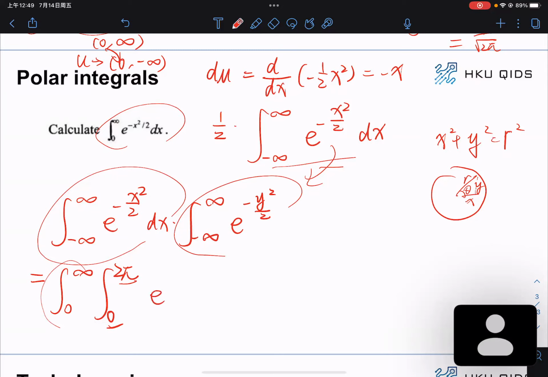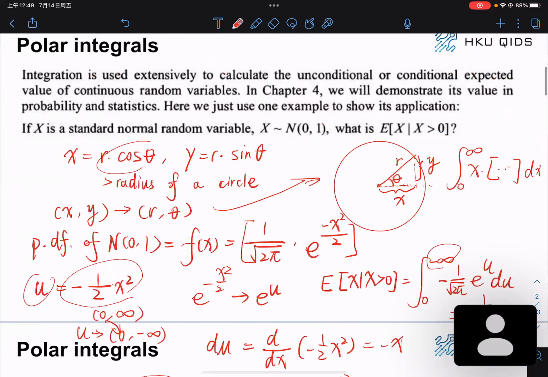So it's going to be the same, and remember the fraction divided by 2, dx also.